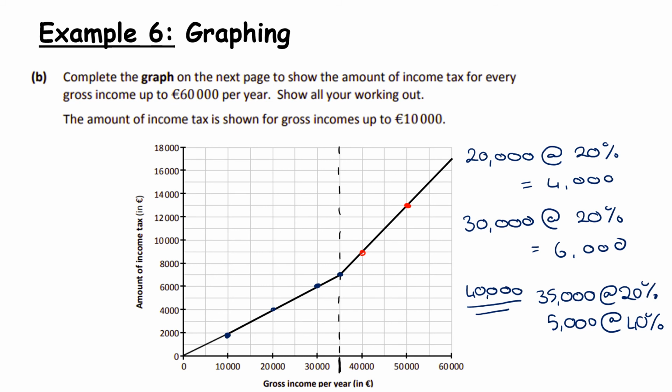And where that bends is where that dotted line is being shown. 35,000 is where we have a change of lower rate to higher rate. So the amount of income tax is shown for gross incomes up to 60,000. So we've done what they've asked.